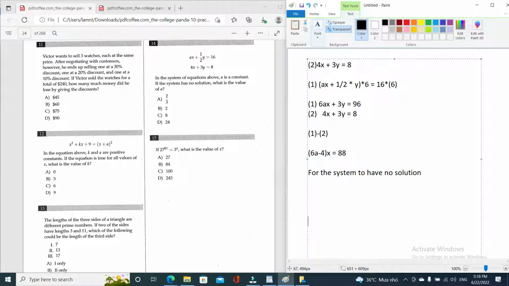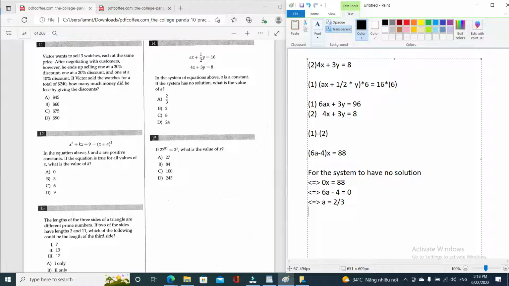This is if and only if 0x is equal to 88, and this means that 6a minus 4 is equal to 0. Therefore, a is equal to 2/3, right?